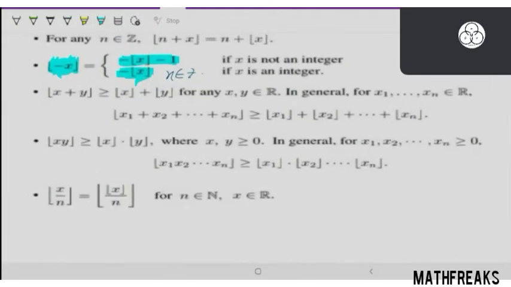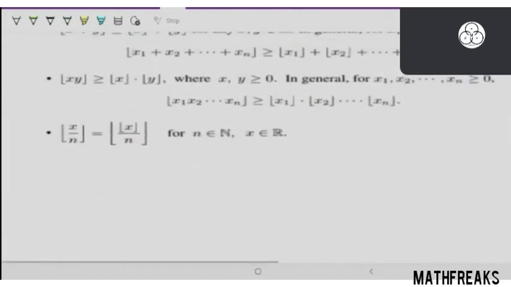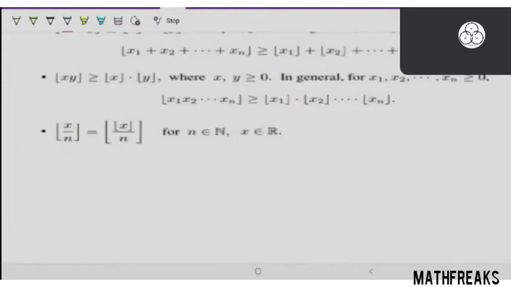These are also some obvious inequalities. One important point that they have missed, for box x, just a minute, sorry. Minus x: two functions.